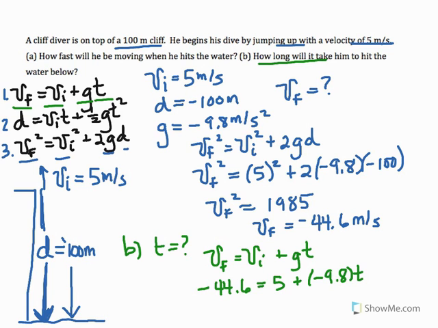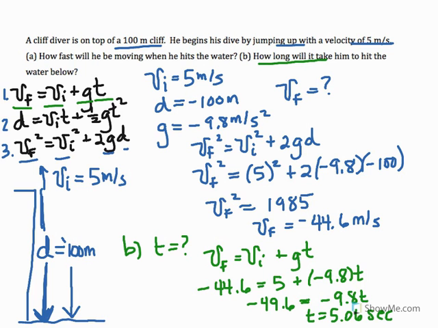And when I do that, I'm actually going to get negative 49.6, and that's going to equal negative 9.8 times t. And the negative signs will cancel out, and so I'm going to divide both sides by negative 9.8, and I get a time of 5.06 seconds.